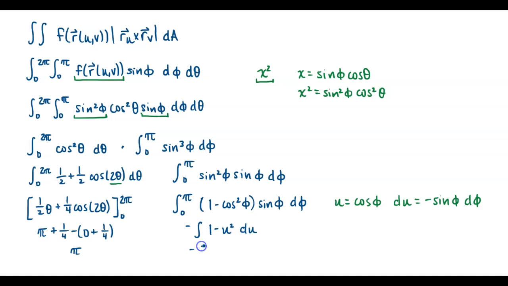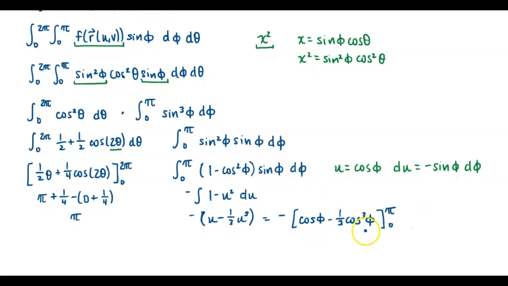This just becomes a negative, and we've got the integral of 1 in terms of u, which is u, minus 1/3 u cubed, which is a negative, and now this is going to be cosine of phi minus 1/3 of the cosine of phi cubed as we go from 0 to pi.